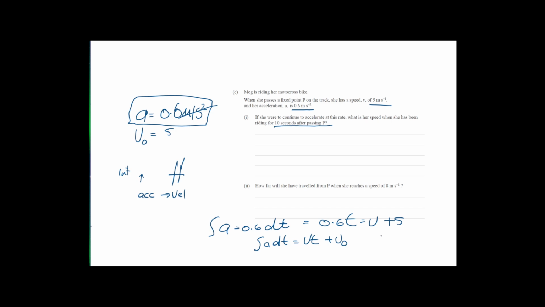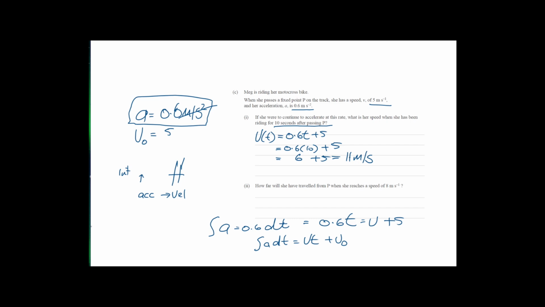So her velocity at any time really is going to be 0.6t plus 5, which at 10 seconds is 0.6 times 10 plus 5. 0.6 times 10 is 6, plus 5, so it's going to be 11 meters per second.